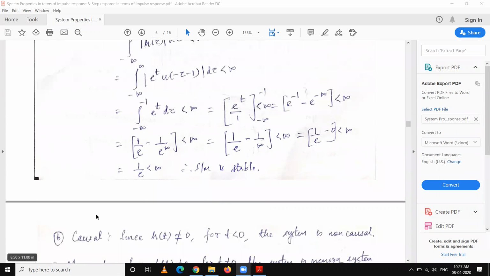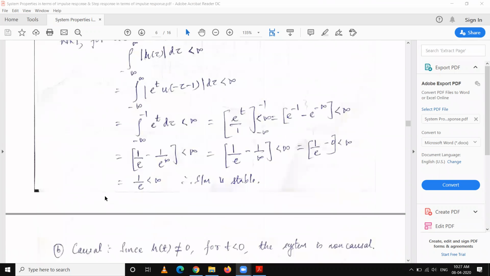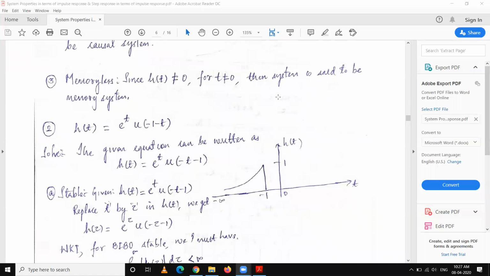Then now we'll see whether the system is causal. We can see here that the signal is present when t is less than 0. But what is the condition for causal?